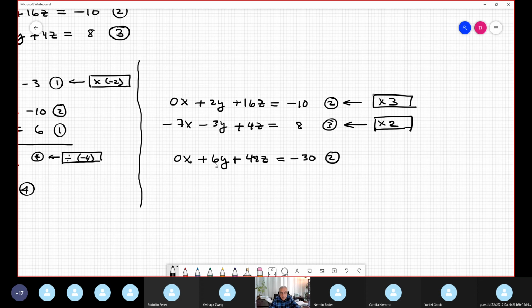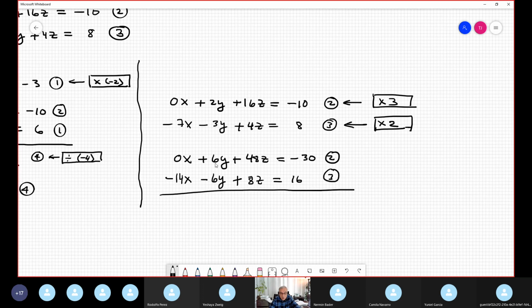This is my new equation 2. Now multiplying equation 3 by 2: negative 14x minus 6y, because 2 times 3 is 6, plus 8z equal 16, because 2 times 8 is 16. This is my new equation 3.